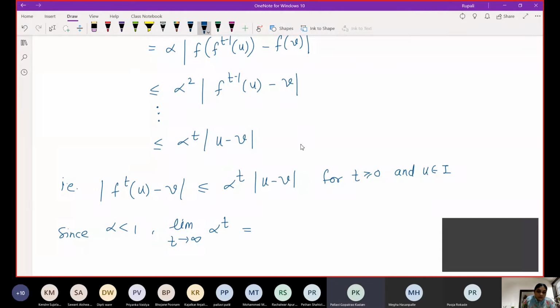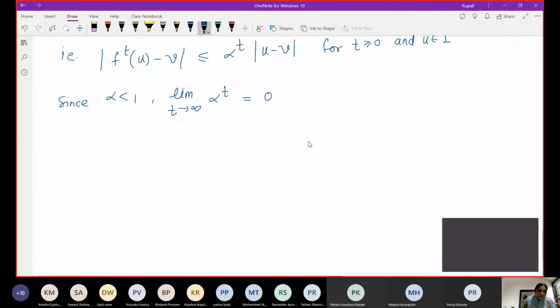What should be this limit? It must be 0. Since alpha is less than 1, the limit as t tends to infinity of alpha raised to t is equal to 0.